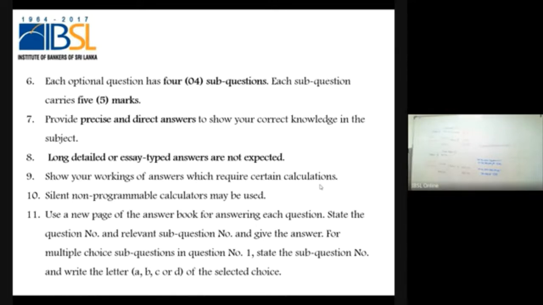But don't try to put everything in one page or continue with the previous page. Don't do it. Answer every question on a fresh page. And on the first page, the cover page, you have to say what are the questions that you have answered. So that will give the examiner an idea what are the questions that you have attempted or answered. Okay, right.